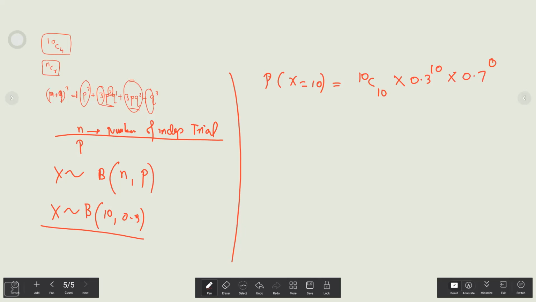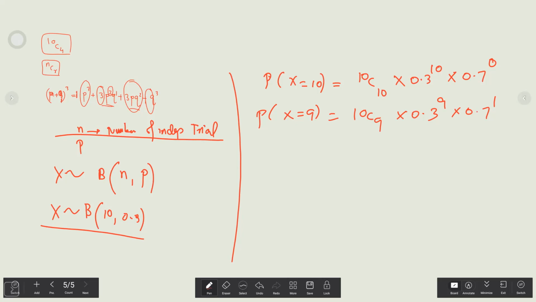So the net power gets distributed amongst failing and succeeding. Let's say if I want to be successful on any 9 trials, so 10 choose 9, because out of 10 I need to be successful on 9, into 0.3 to the power 9 into 0.7 to the power 1, because now I'm failing on 1.